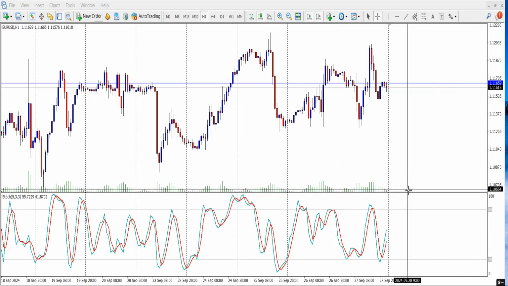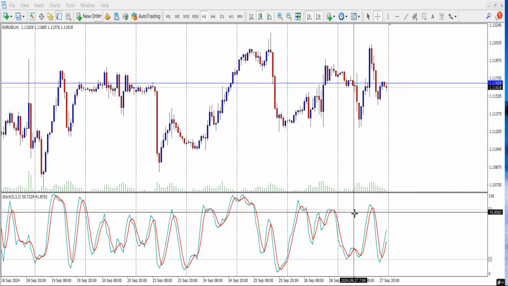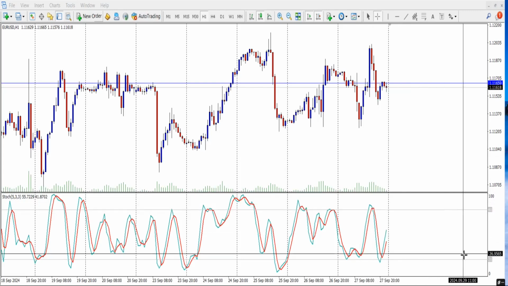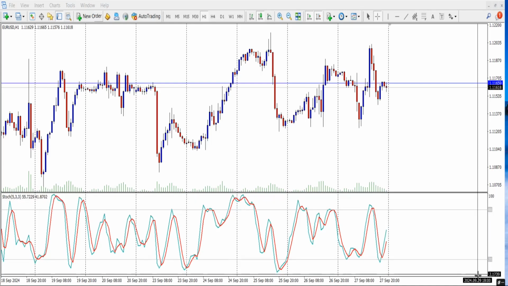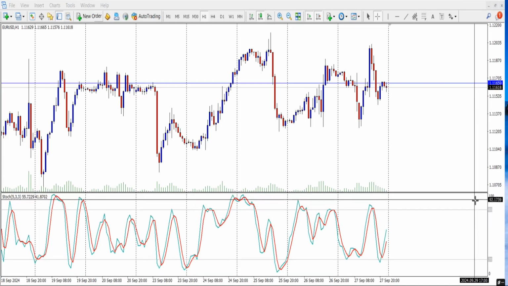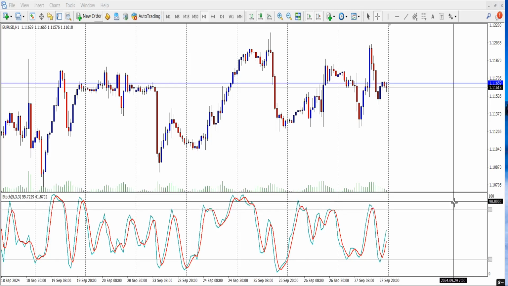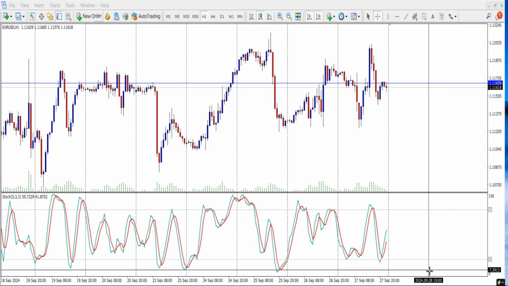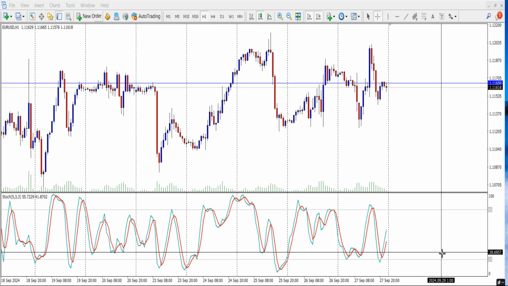So basically, the stochastic oscillator helps you understand if a currency pair is overbought or oversold. Now, the oscillator ranges from 0 to 100. As we can see here, this is the 0 level and this is the 100 level. However, readings above 80 indicate that the asset is overbought, while readings below 20 suggest that the asset is oversold.